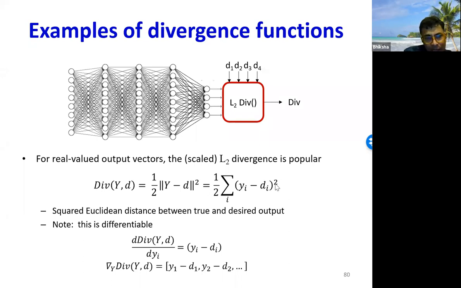Here, when I write this divergence down, this y is actually a function of the input and the parameters. The desired output, again, is specific to the input. I'm just not showing these explicit dependencies.